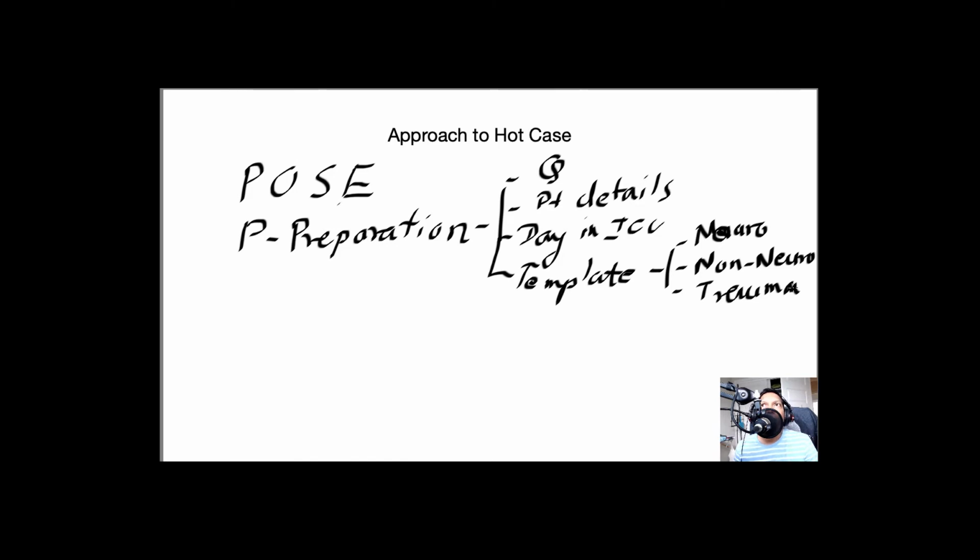The other thing about the preparation is to start thinking about what is going to be the answer to your question. Most of the time people think that they need to examine the patient before they start thinking about the answer, and that's a myth. Just going back to the patient that we chose at the beginning, a 60-year-old male, day 5 after traumatic brain injury in ICU, and you are asked to come up with your management issues and management plan for the next 24 hours.